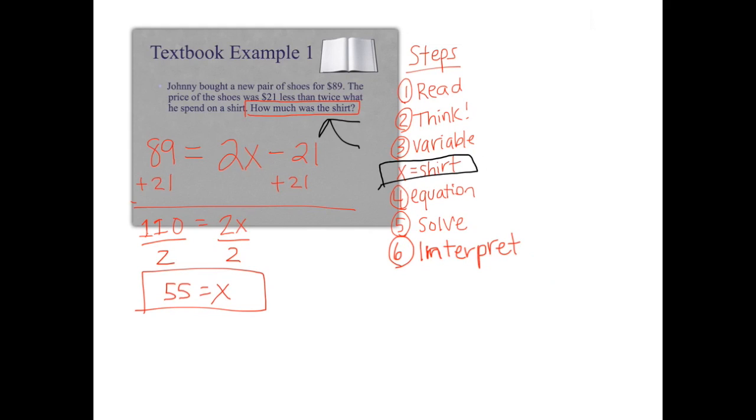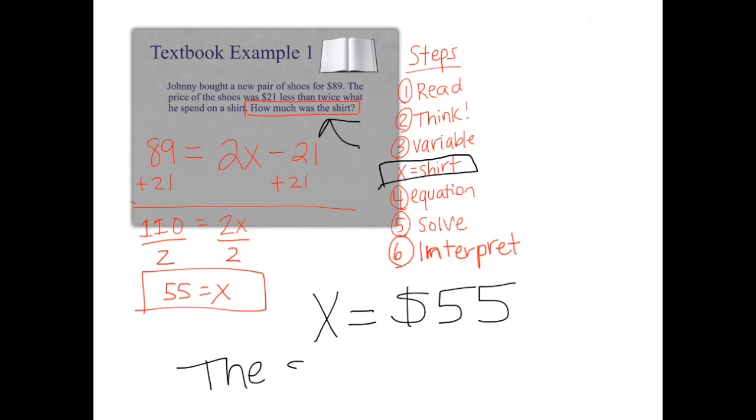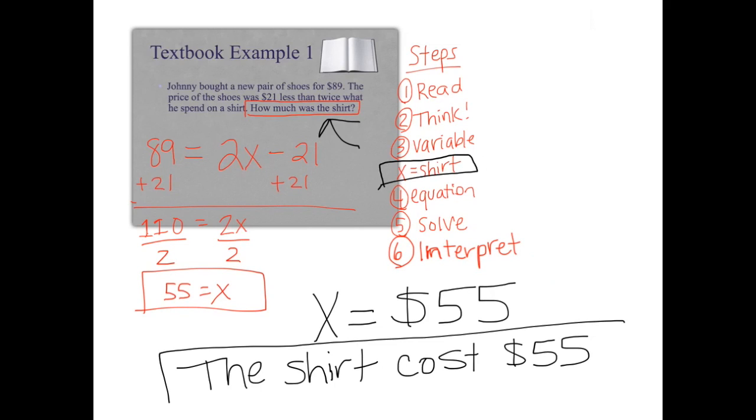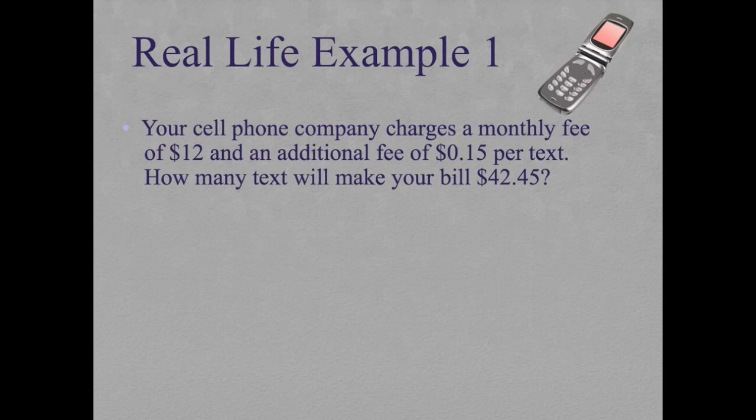Well, if x equals 55, we know that 55 is dollars. So how would we interpret this? The shirt cost $55.